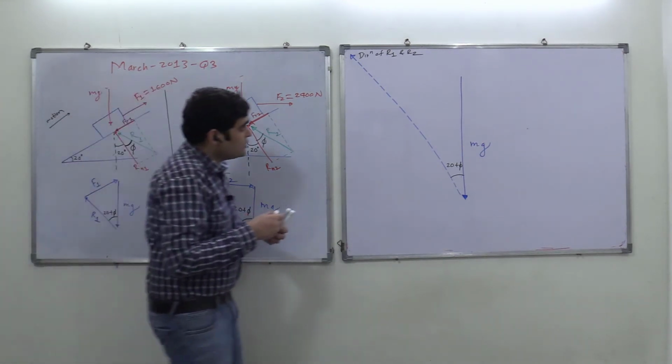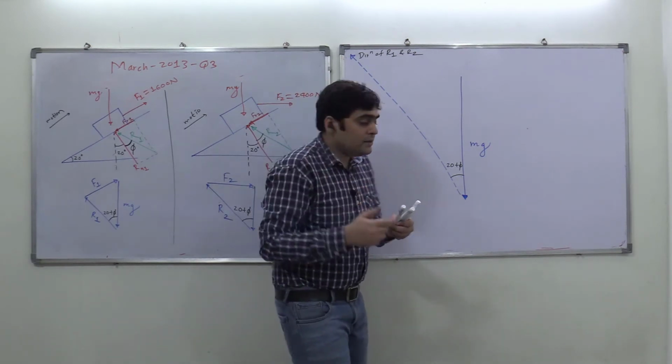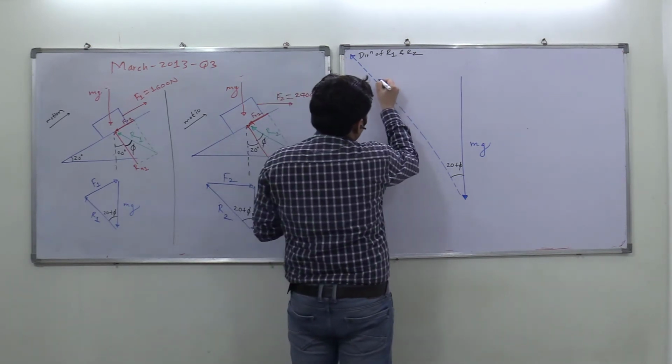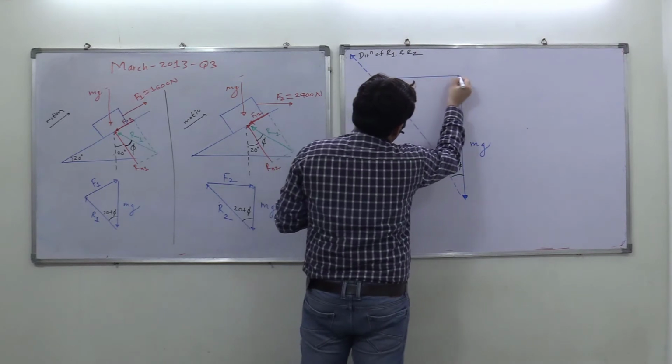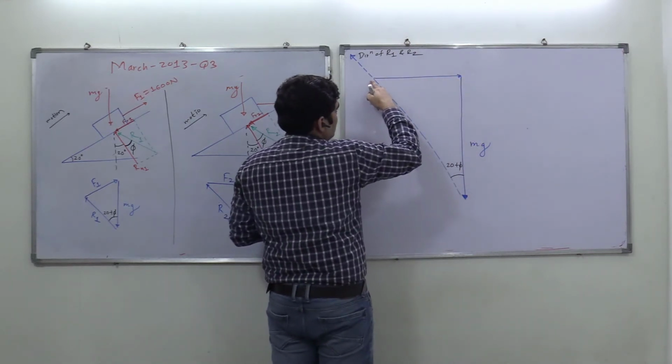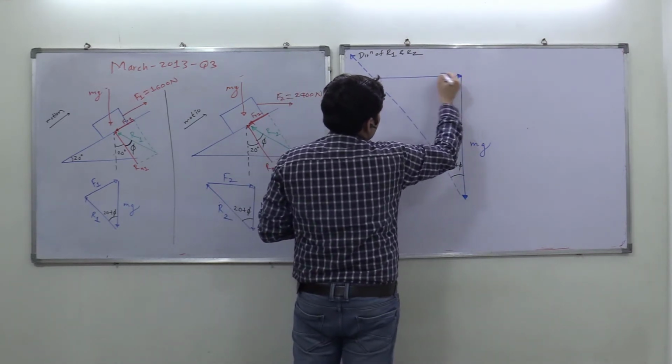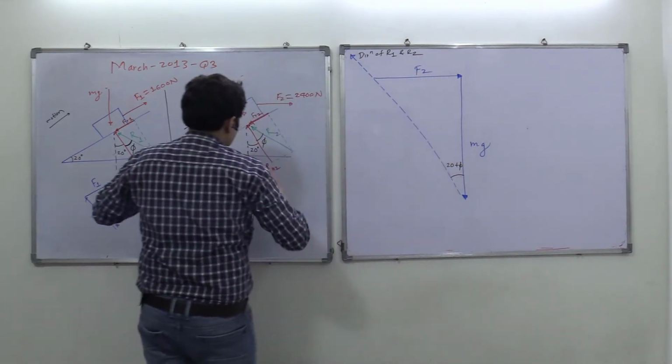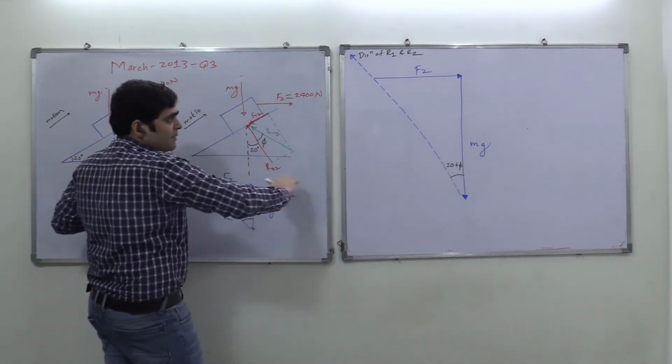Okay, good. So now, how to draw F? Suppose R2 is finishing here, then this will be our F2.